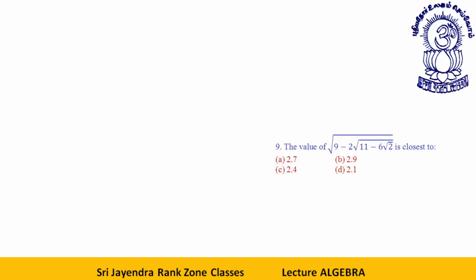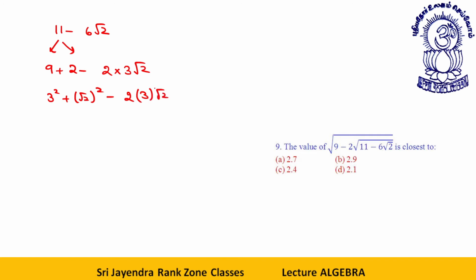Again, a similar question. Let's start with 11 minus 6 root 2. 11 can be written as 9 plus 2 minus 2 into 3 into root 2. This is 3 square plus root 2 square minus 2 into 3 into root 2.